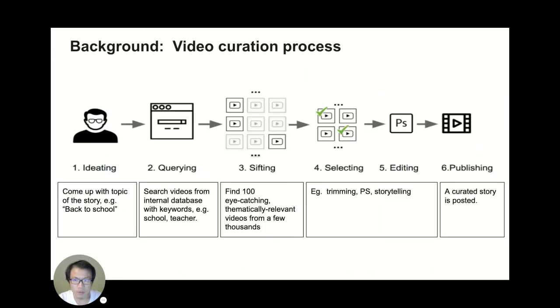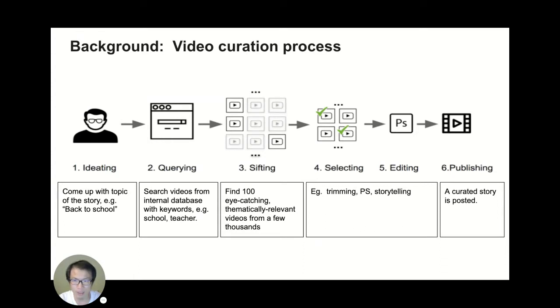So this diagram shows how curators at Snapchat may perform the curation tasks in practice at the time when we did this research. So first, the curator will ideate and come up with a topic of story. For example, a topic could be videos related to going back to school.